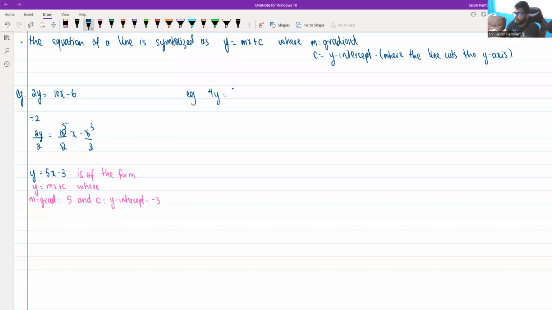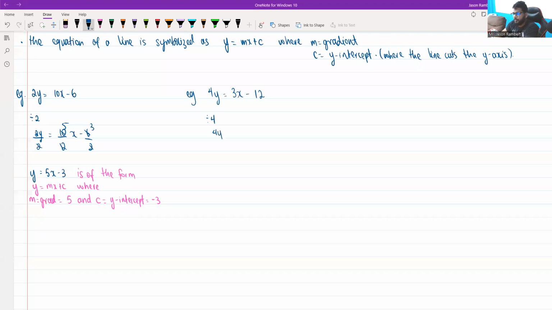4y is equal to 3x minus 12. Tell me what is the gradient and what is the y-intercept. First of all, what are we going to divide by? 4. So I'll divide everything by 4.